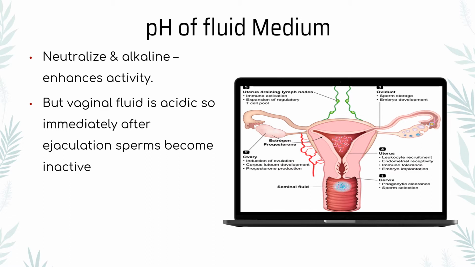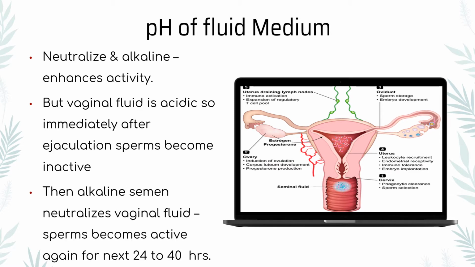The alkaline semen neutralizes the vaginal acidic fluid. So in less than 60 minutes after ejaculation, sperms again become active, and their activity increases in the cervix and then in the body of the uterus for the next 24 to 40 hours.